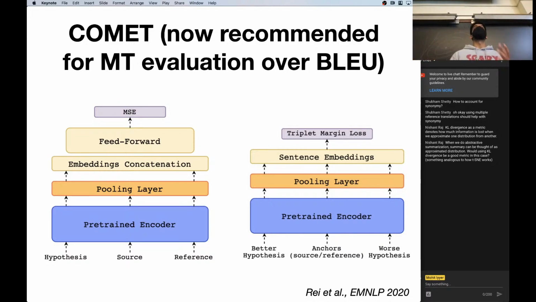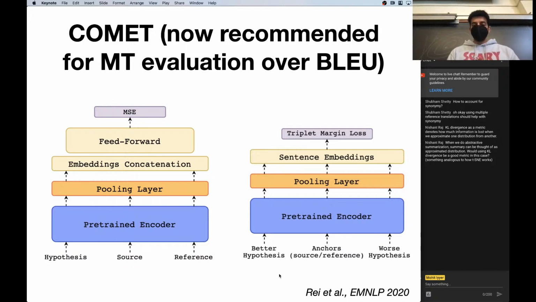So they're using the mean squared error, the square loss, as we saw when we were talking about backpropagation, because this is now predicting continuous values. Although you could also treat this as a classification problem with 5 different labels, here they treat it as a regression. So on the right-hand side, we see a different setup of this COMET model, which is a ranking-based model.